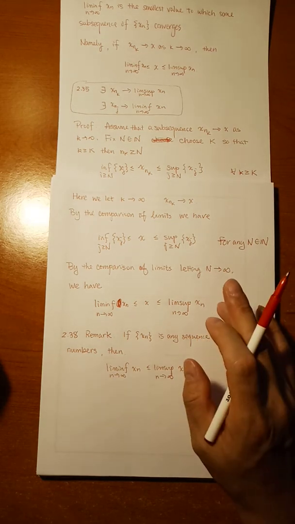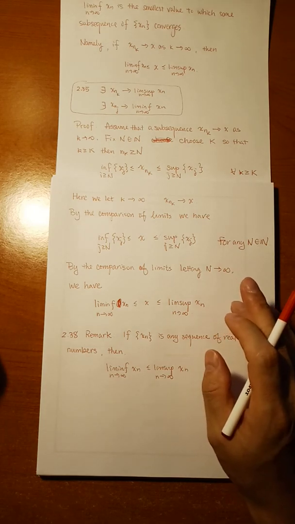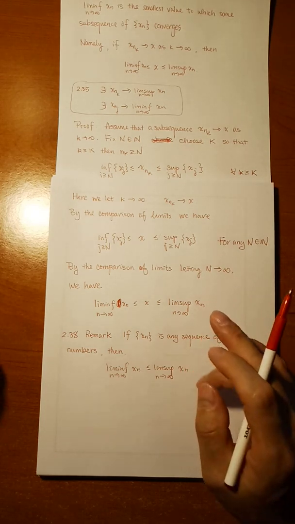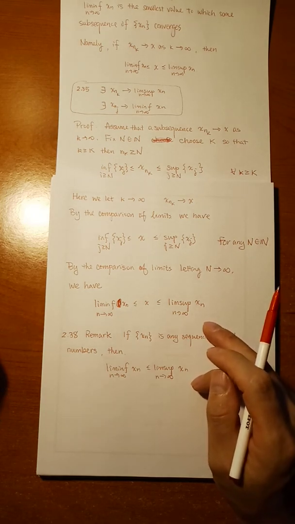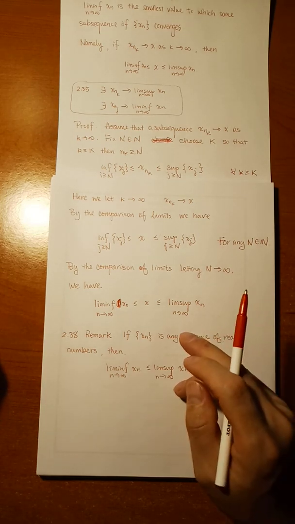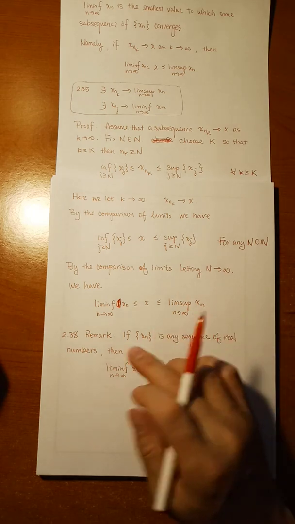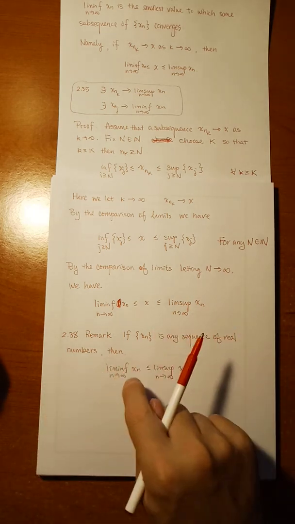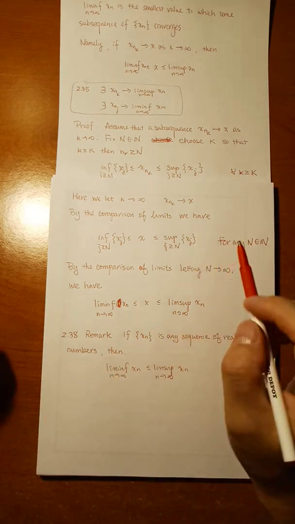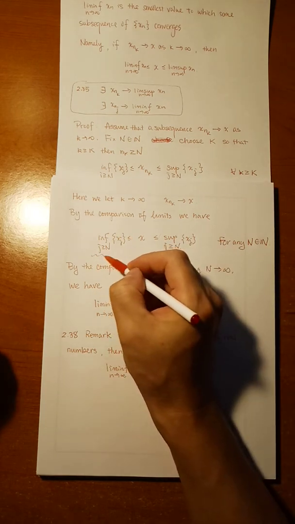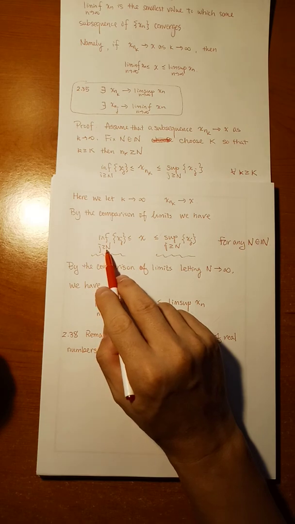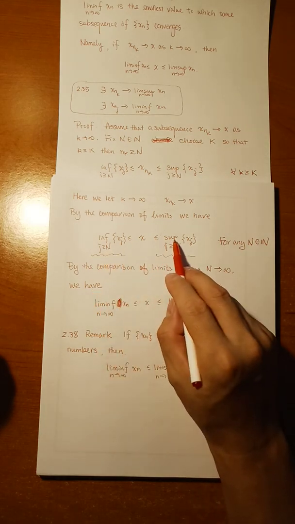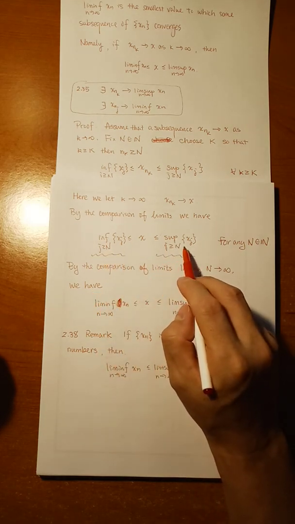Lim sup is always larger. And of course, you can start from the comparison theorem and try to get the theorem. So you're going to directly get that inf over j greater than or equal to n is less than or equal to sup over j greater than or equal to n.